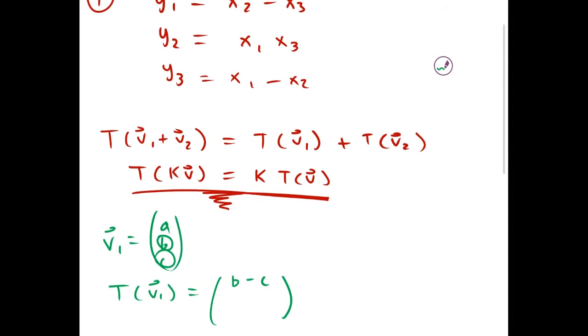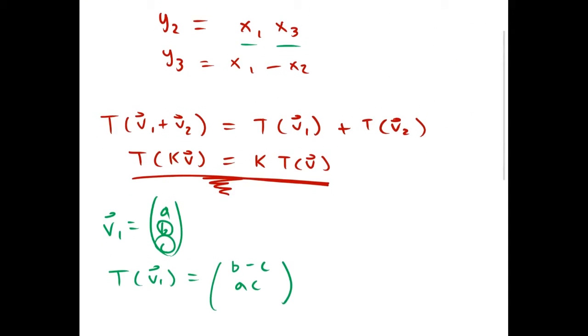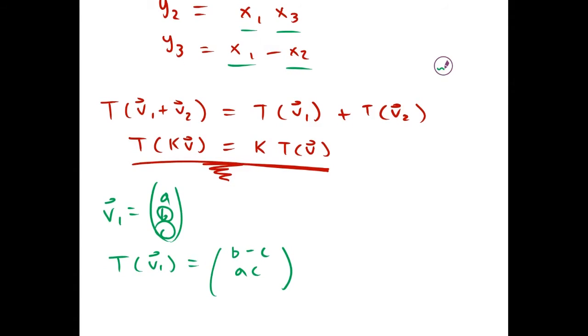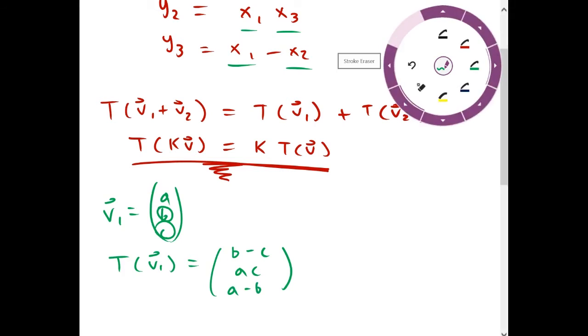And then y2, our second output, is our first component times our third component, so ac. For our third output, we should have the first input minus the second input, so a minus b.